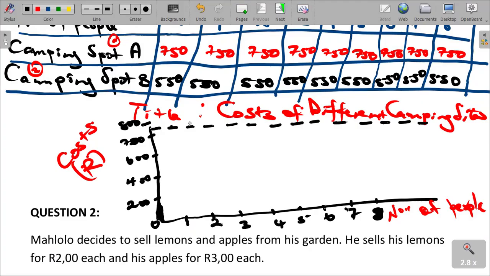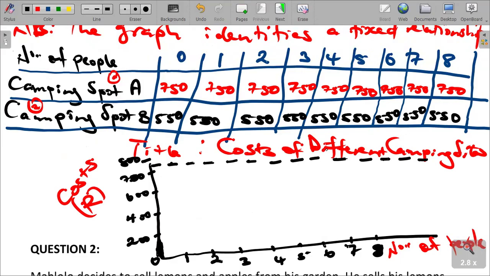This is the first graph: 750 is representing camping site A. I can either put A in front or I will put a key.